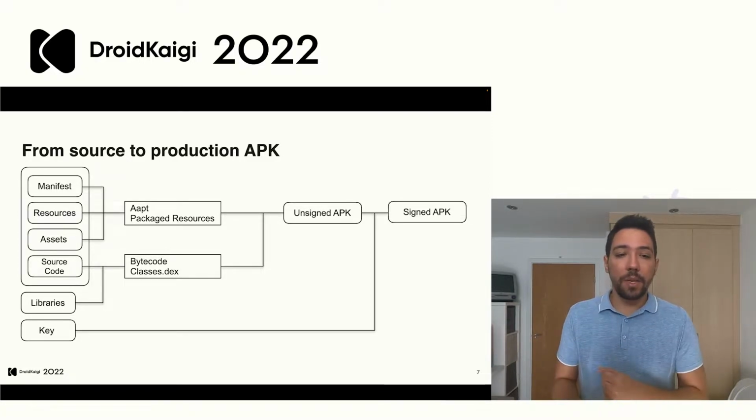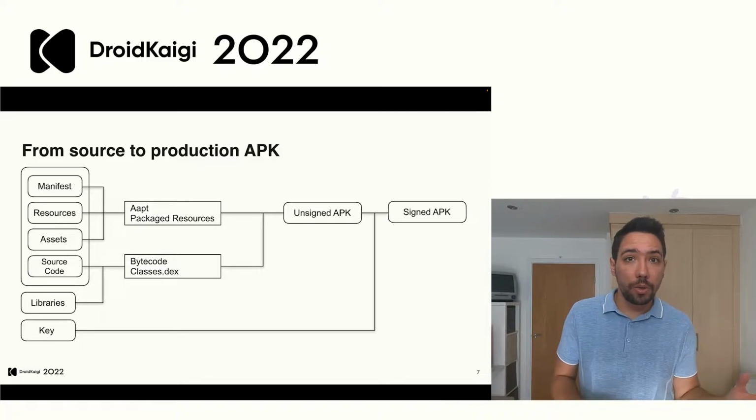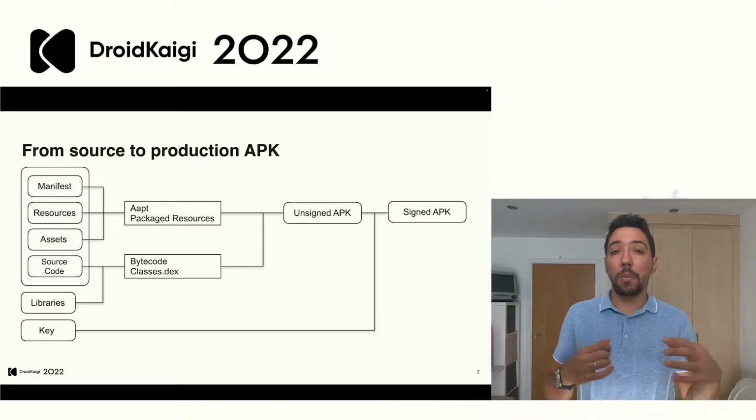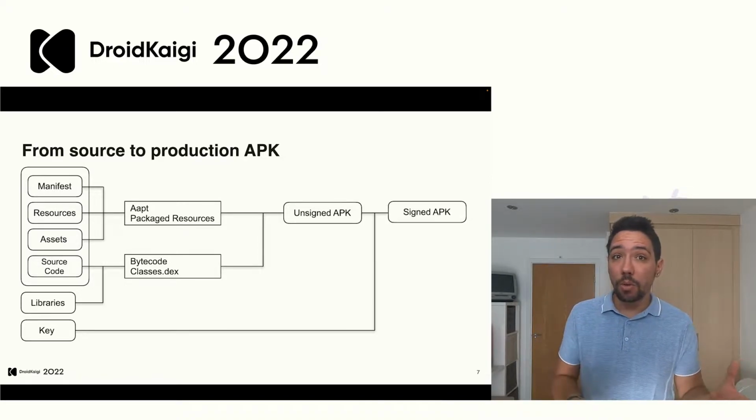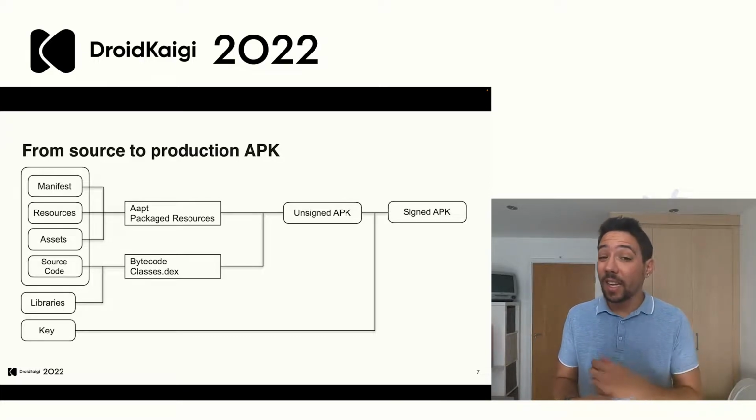So the first step is that the manifest, the resources, and the assets are being packaged together into the packaged resources, using AAPT. Then our own source code and the source code of the libraries that we're using, so any third-party libraries or any extra modules, those two are being bundled together into the bytecode. So that is creating a file called classes.dex.